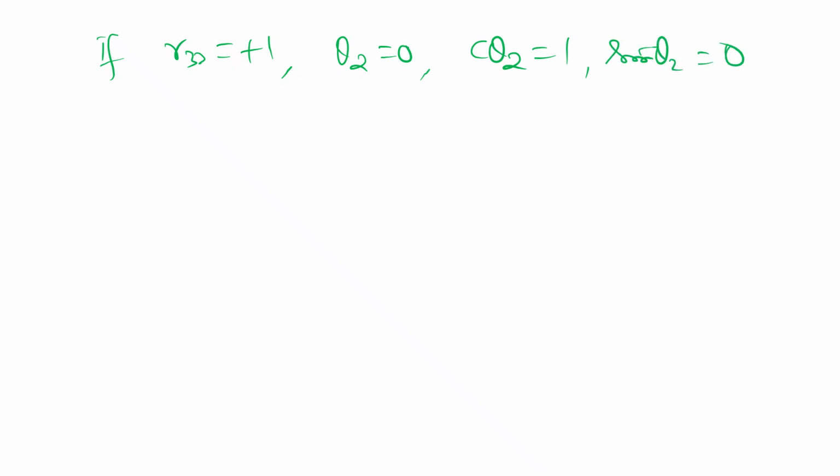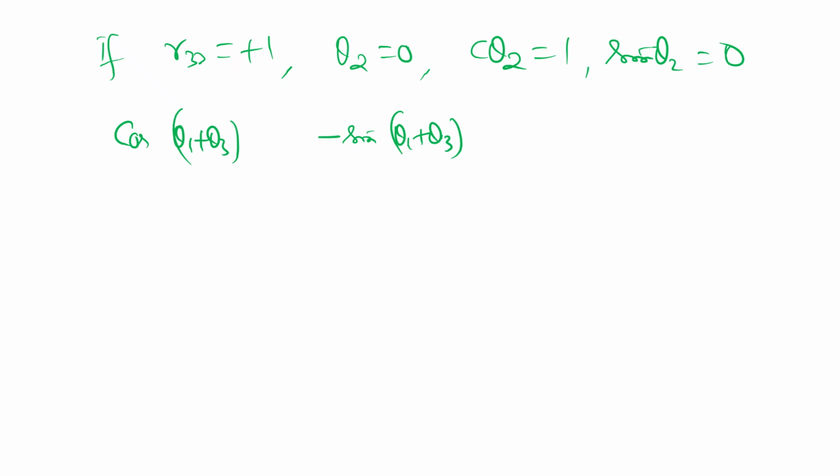As a result, you will get cos of theta 1 plus theta 3. Then here, if you substitute 1, this becomes minus sine of theta 1 plus theta 3. Then only you will get cos 1 sine 3 plus sine 1 cos 3.